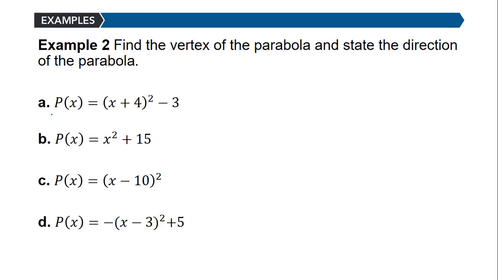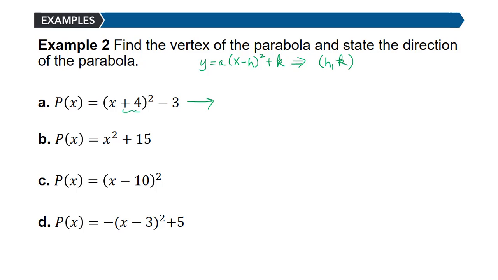In the first example, I have p of x is equal to the quantity x plus 4 squared minus 3. To identify the vertex, this is in vertex form. Remember that if we have y is equal to a times (x minus h) squared plus k, the vertex is (h, k). We can also think about what direction we have to move from the graph of y equals x squared to get this graph.